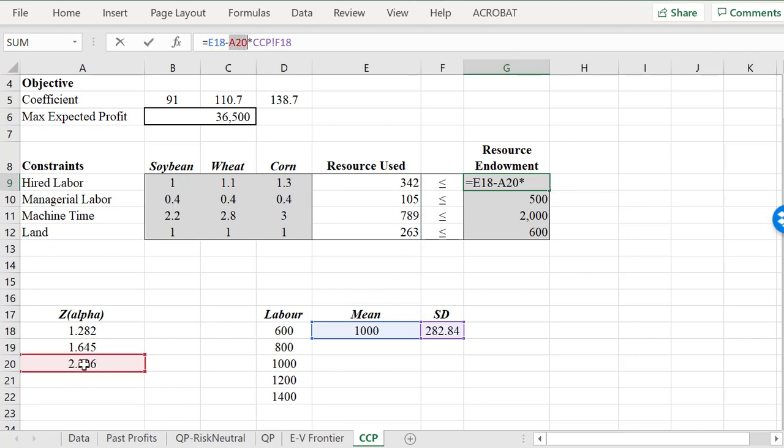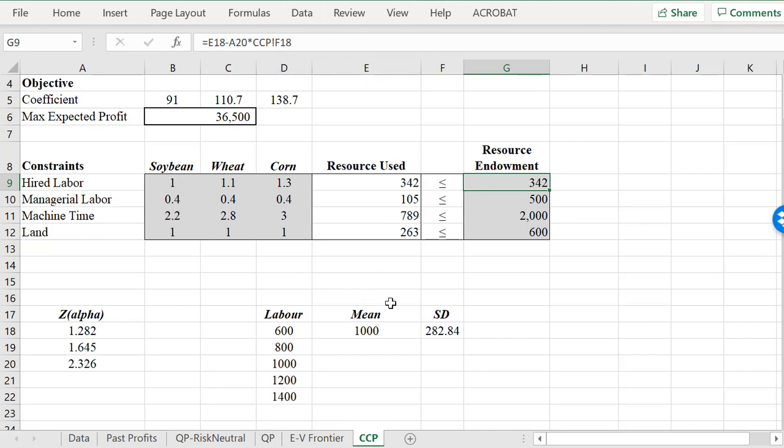Here we choose this number, which is alpha equal to 1%, and 1 minus alpha equal to 99%. And CCP F18, the purple cell, is the standard deviation. This formula is exactly the same as the formula in the slide. Once you provide that formula, you can solve this problem.